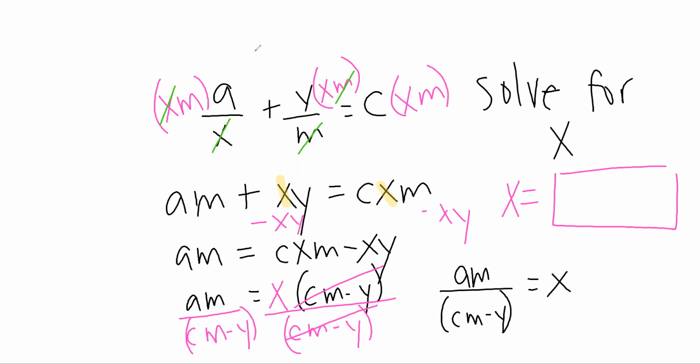And because of the symmetric property, I can flip this over and say that x equals am over the quantity cm minus y. So those are abstract equations. So there's the first part of lesson 55. If you see problems like this in your cumulative tasks, this is how you're going to solve for one variable.